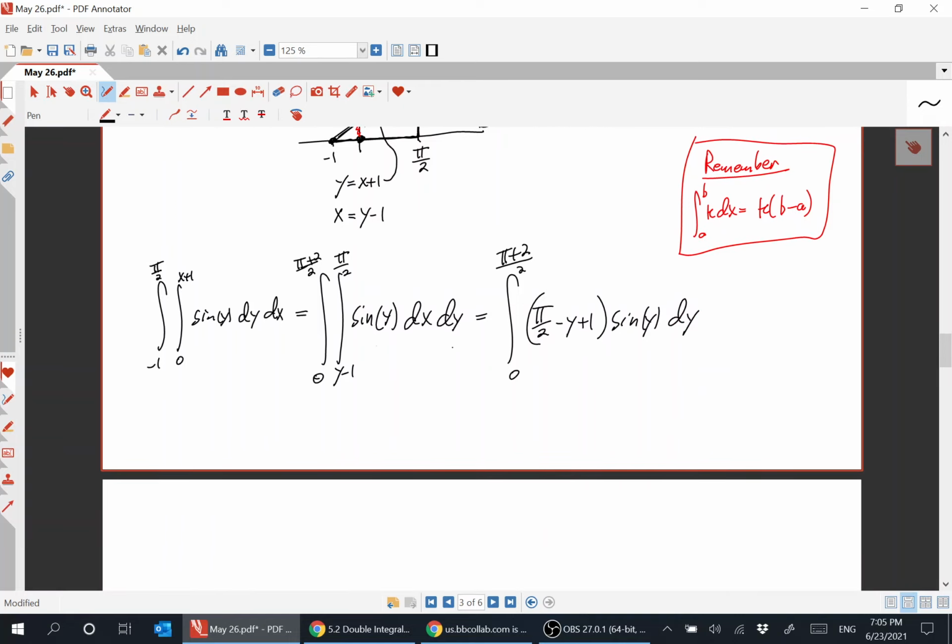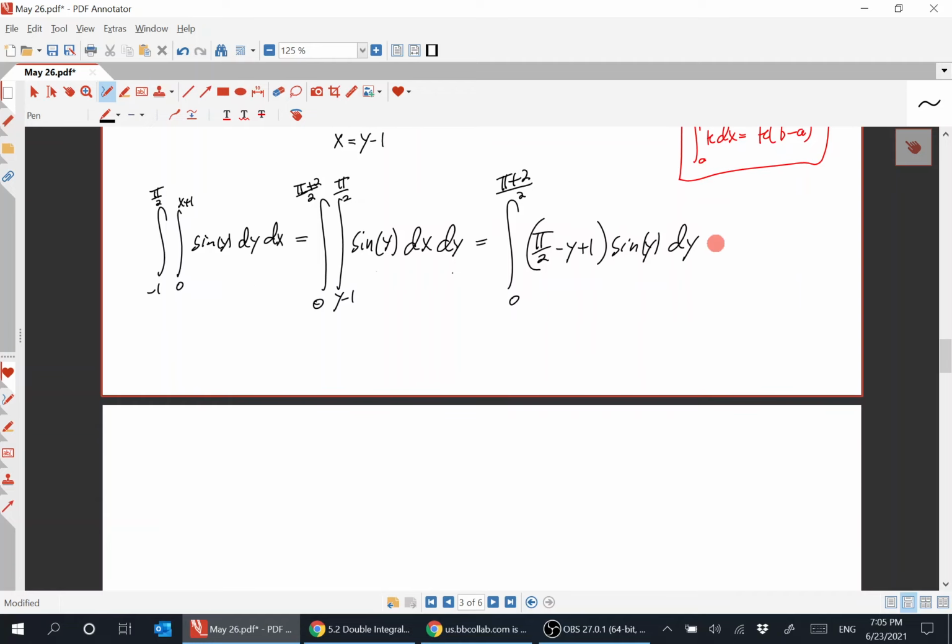Now let us do some distribution here. The integral from 0 to pi plus 2 over 2. I got pi over 2 plus 1, so this is pi plus 2 over 2, and that's just a constant, sine y minus y sine y dy.